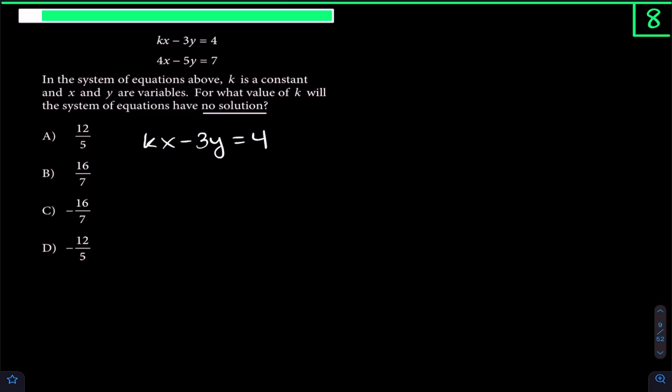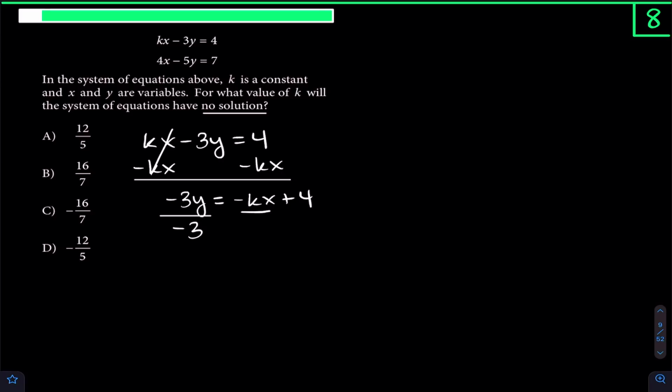To find that slope, let's subtract kx on both sides. Got to solve for y here. So we're going to get negative 3y is equal to negative kx plus 4. I'll write that x term first like you're used to seeing it. And then we're going to divide by negative 3 on both sides.